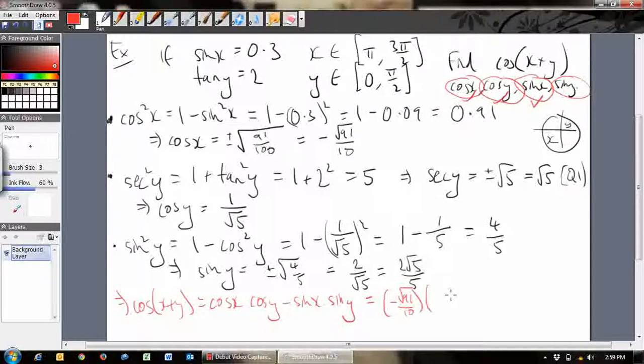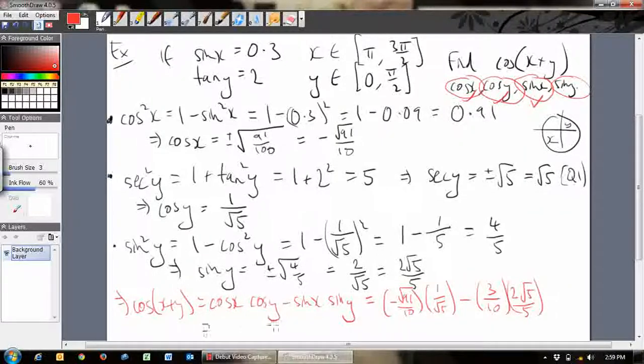This is going to get messy. And cos y was 1 over root 5. I should have rationalised that. Minus sine x, which we already said is 3/10, and sine y was 2 root 5 over 5.